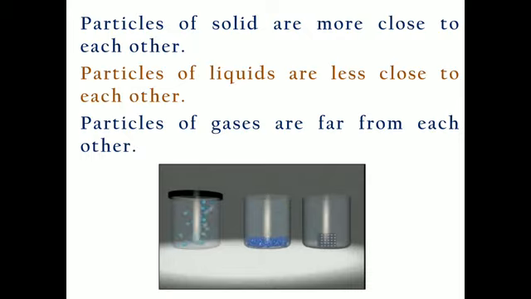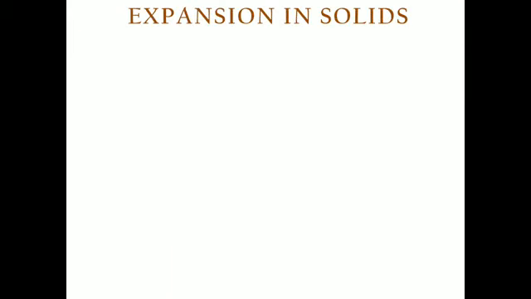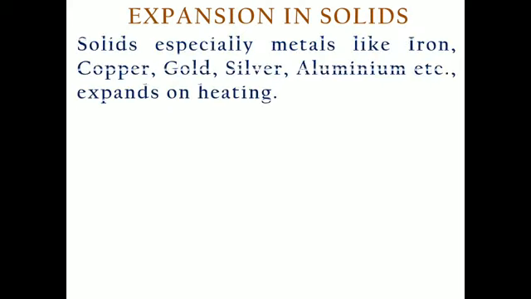Now moving ahead, expansion in solids. What will be the effect of heat on solids? Solids, especially metals like iron, copper, gold, silver, aluminium, all expand on heating. There are some other metals also.